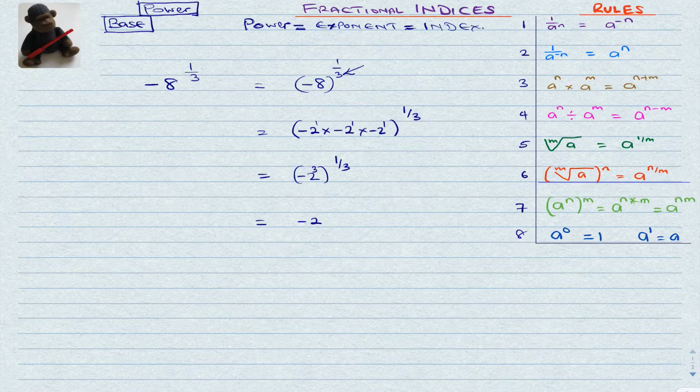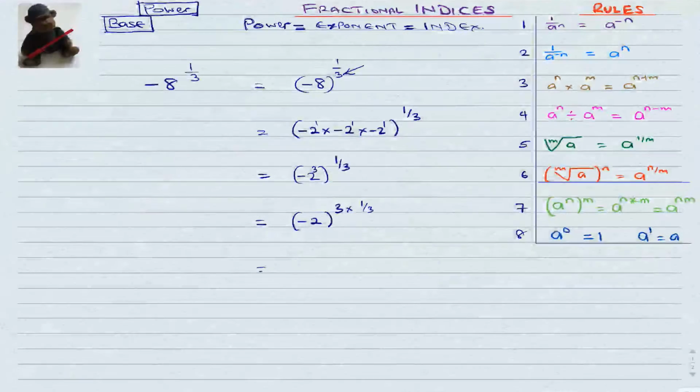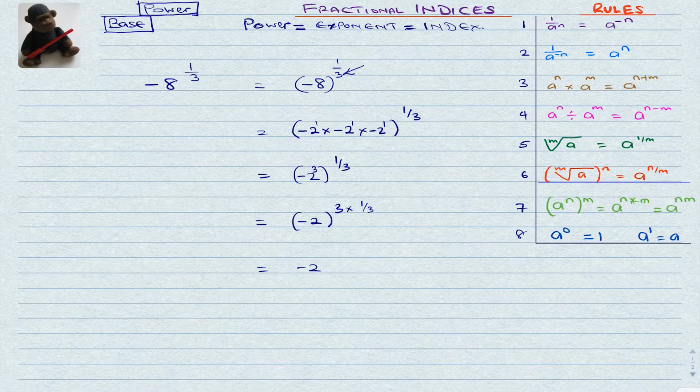I'm going to take that 3, I'm going to apply rule number 7. I'm going to multiply the 3 by 1/3. So what I'm doing is I'm taking the 3 out. So that'll be 3 times 1/3. That's what I'm doing. And then that will become minus 2 to power of 3 over 3.